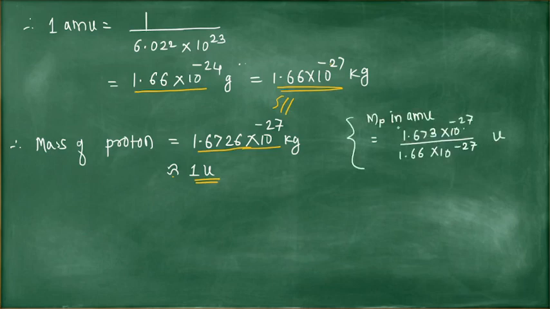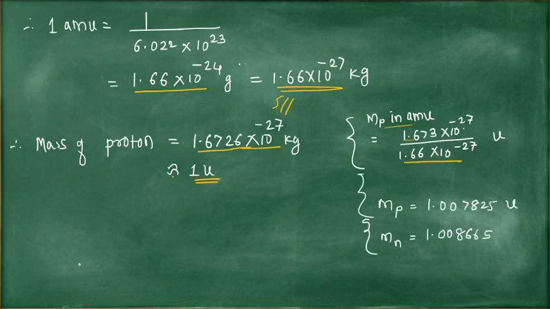So what is this? Mass of proton in AMU is the mass of proton divided by this U, that is 1.66 × 10^-27, and this is equal to 1.007825 U. Mass of neutron is slightly greater, but these terms are negligible, so you can say that this is 1 U, and the mass of neutron is also 1 U. But you should know there is a difference between the mass of proton and the mass of neutron.